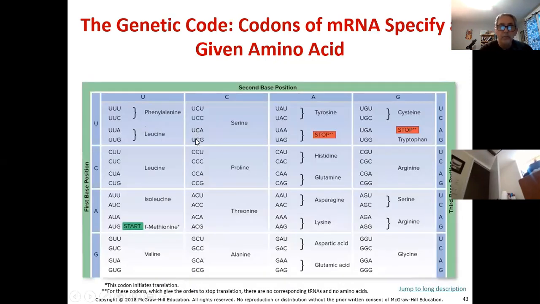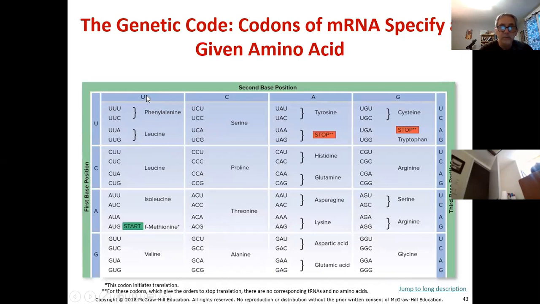So we mentioned the genetic code. I mean, this is it. This is your entire genetic code. It's pretty universal. So if this is true for you, it's true for cats, dogs, trees, bacteria, fungi. We mentioned that there was redundancy.